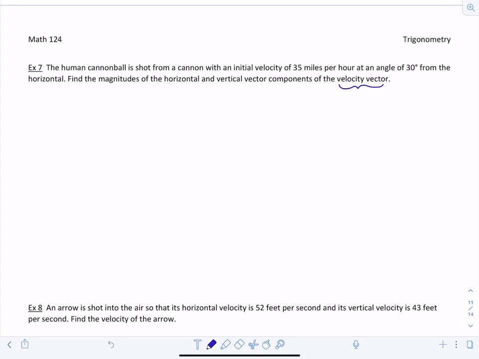All of these quantities are vector quantities, which is why it's important to understand them. So velocity is a vector, and they're telling us we initially have a velocity of 35 miles per hour. That's the magnitude. Okay. And then they told me this human cannonball is shot at an angle of 30 degrees from the horizontal. So theta is 30 degrees.